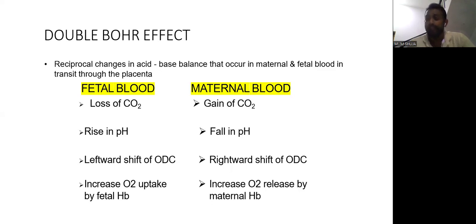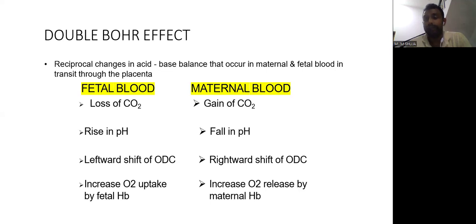So when carbon dioxide reduces on the fetal side, what will happen? Hemoglobin affinity for oxygen is increased. The left shift of the ODC, fetal hemoglobin takes more oxygen. Meanwhile, maternal blood will get carbon dioxide which came from the fetus.